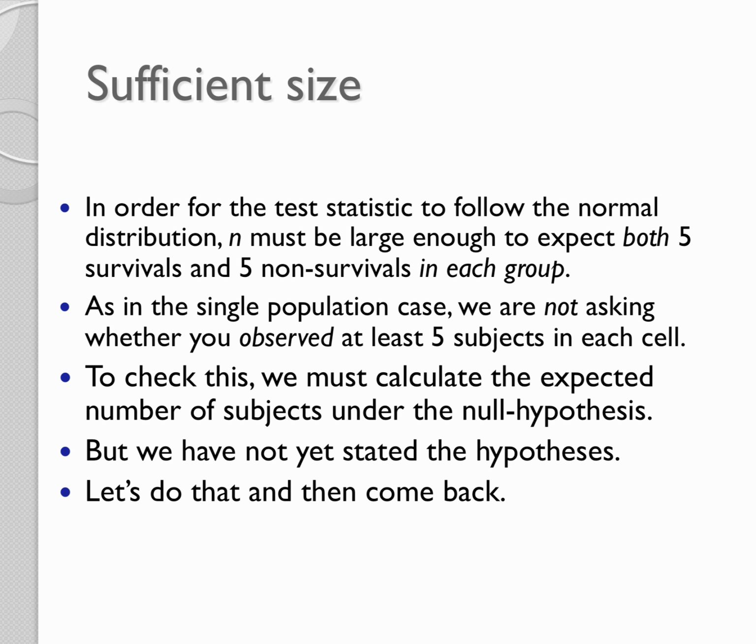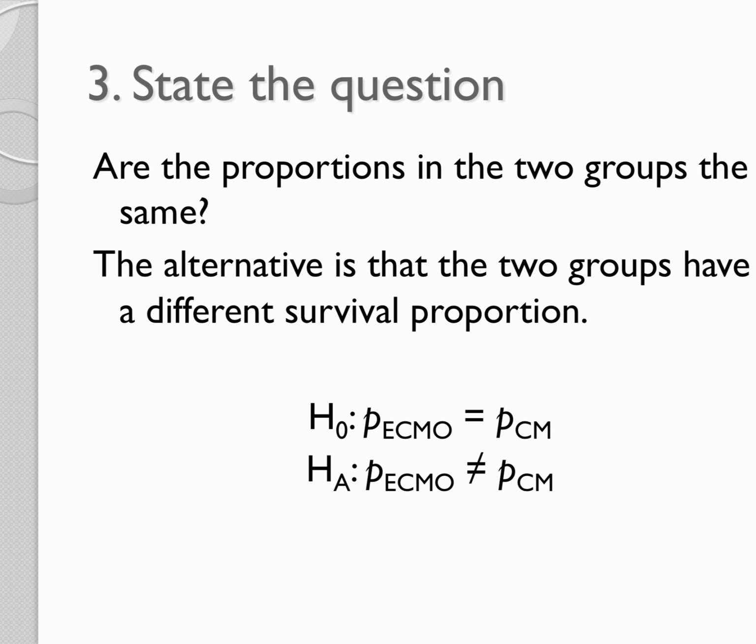And we need to have an expected larger than 5 in all 4 of our table cells. So let's first state our hypotheses and then we'll come back and look at our sufficient size. In this case, we're actually going to look at the proportion of ECMO equaling the proportion of CM versus our alternative of ECMO not equal to CM.